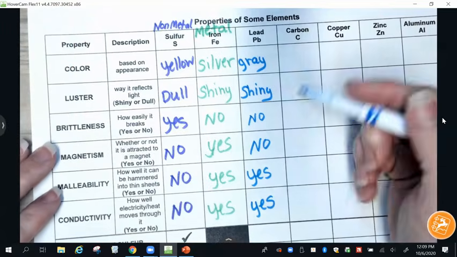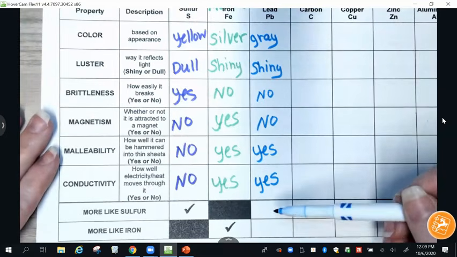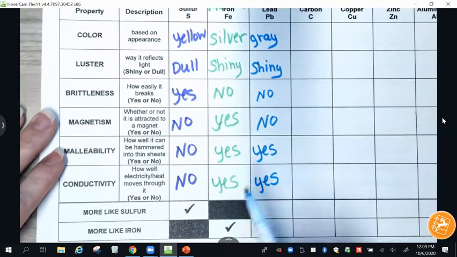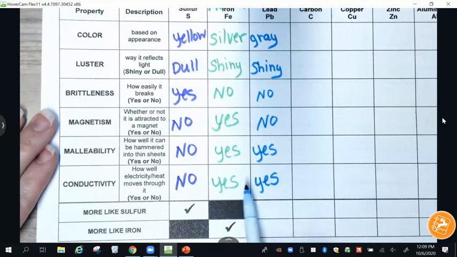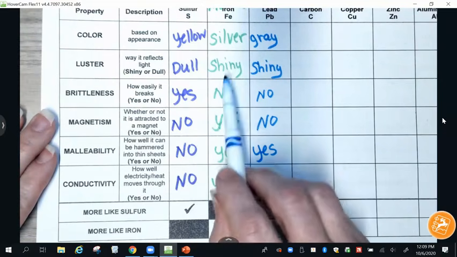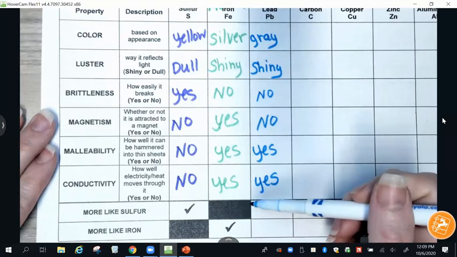Okay. Now, at the bottom, is it more like sulfur or more like iron? This is where we have to stop and look at the properties of it. Look, almost everything matches with the iron, right?